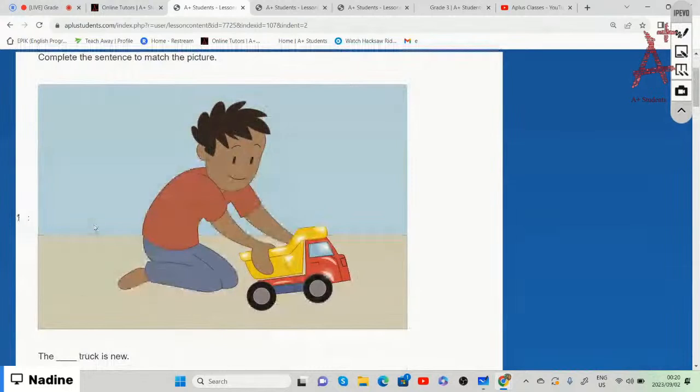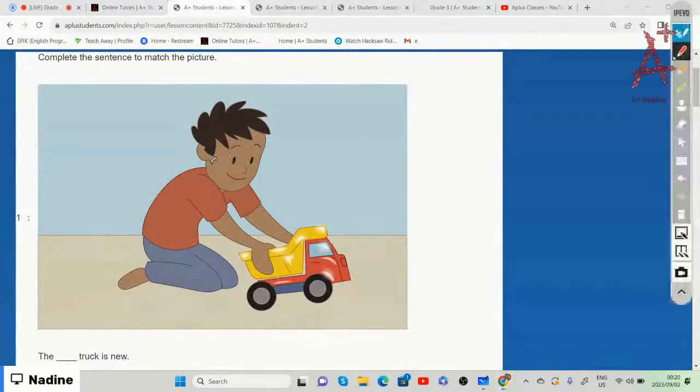All right, so if we look at our picture and what we see in the picture, we can say it's a boy playing with a little truck, right? So the boy. So now we're saying the truck is new.